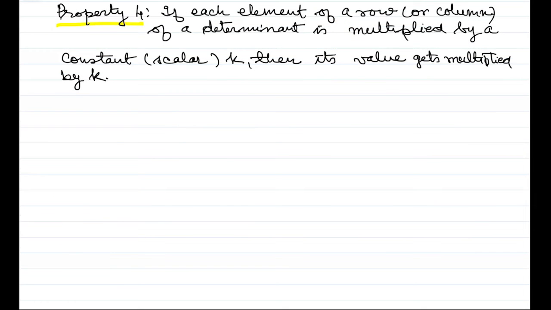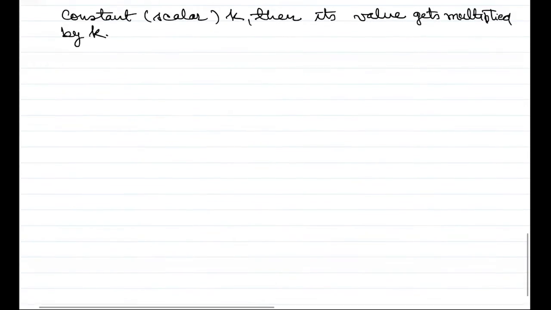Property 4. If each element of a row or column of a determinant is multiplied by a constant or scalar k, then its value gets multiplied by k.